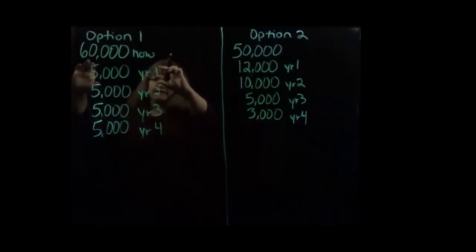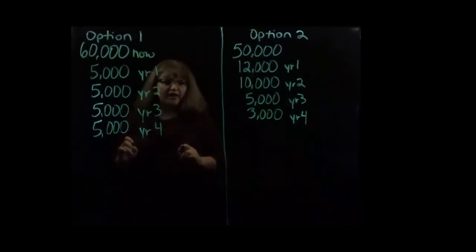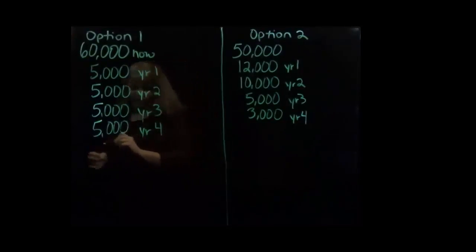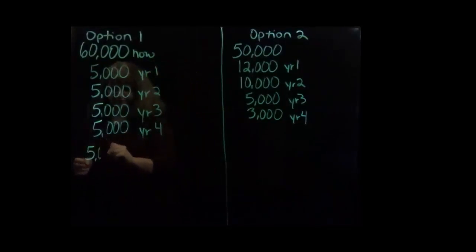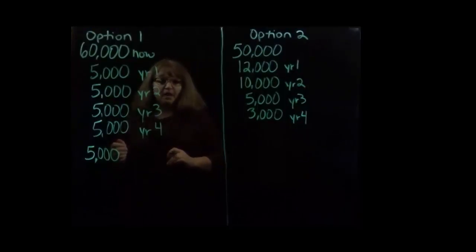And then we recognize that this $5,000 payment for each of the next 4 years is what we call an annuity. So we have a $5,000 annuity, and it's an ordinary annuity because the first payment is going to start after 1 period.